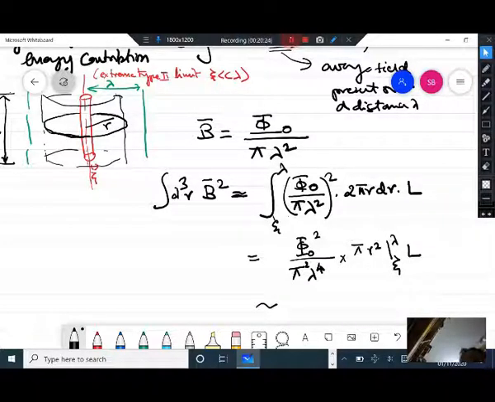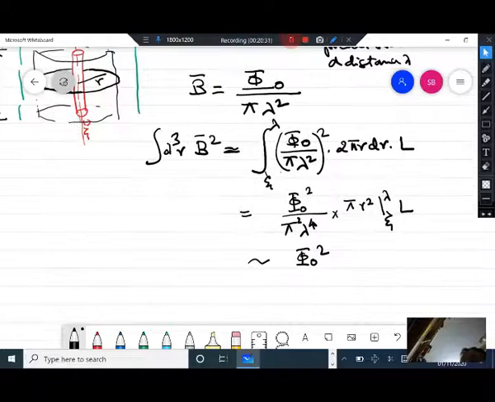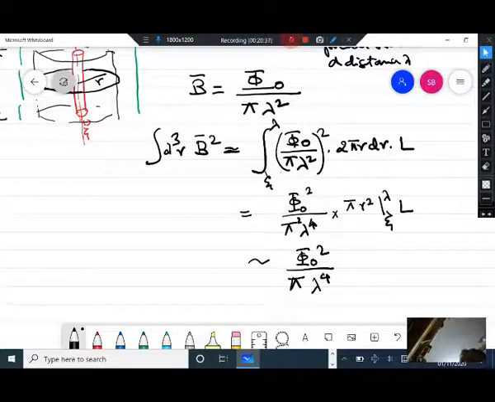So this would be roughly phi naught square by pi lambda raised to 4 into L, which is the length of the vortex, into lambda square minus xi square.